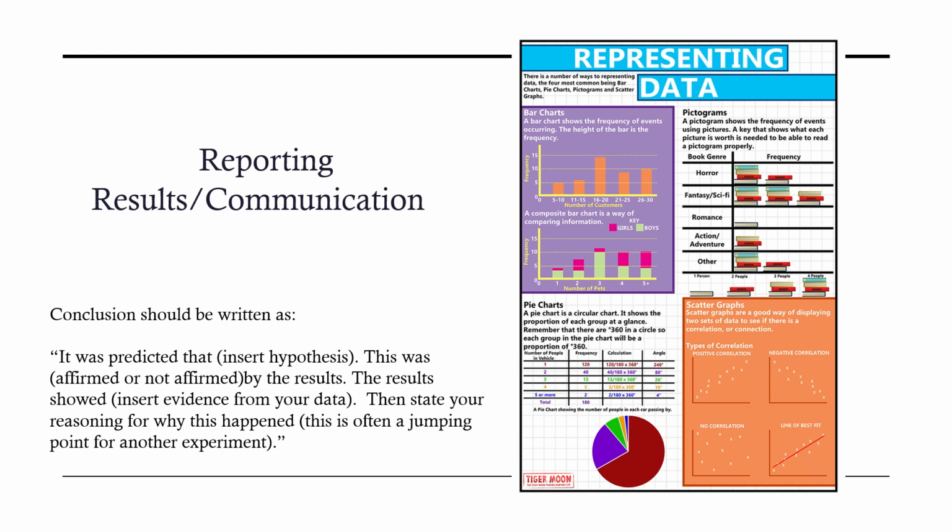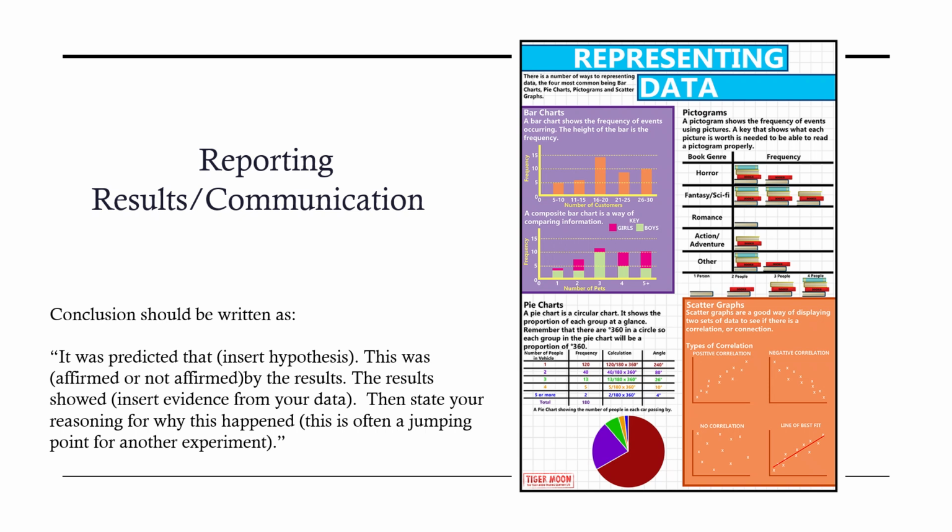Okay, so when we are reporting our data, I wrote this a little more succinctly. Your conclusion, like I said, should be very clear and very specific. It was predicted that when we apply biofertilizer to Arabidopsis plants, you might even put in there at such and such percentage, then significant growth is shown via height.